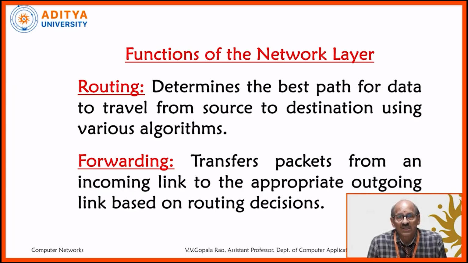So, forwarding is nothing but the transfer of packets from an incoming link to the appropriate outgoing link, because the incoming link is different from the outgoing link. The packets arrive from the incoming link and should be allowed to travel to the outgoing link. This process is called forwarding, and it is also the responsibility of the network layer.